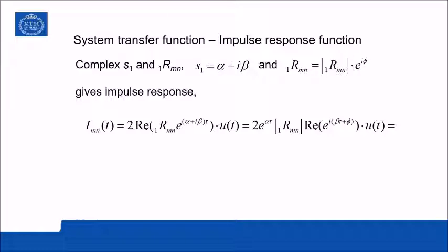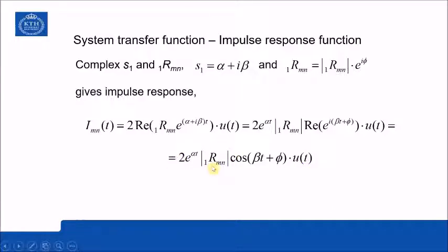This real part of the complex exponential, by using Euler's formula, is actually the cosine of the same argument. So we reach in the end this expression for the impulse response function.